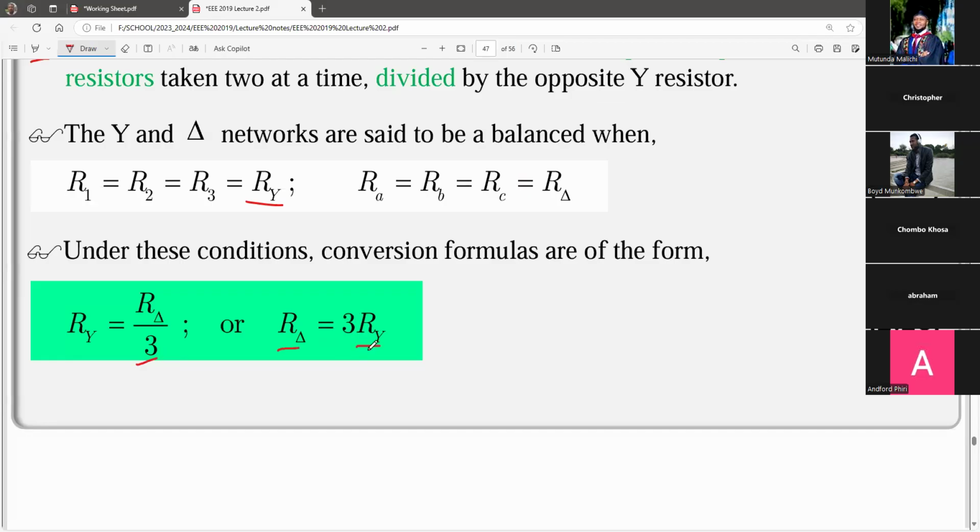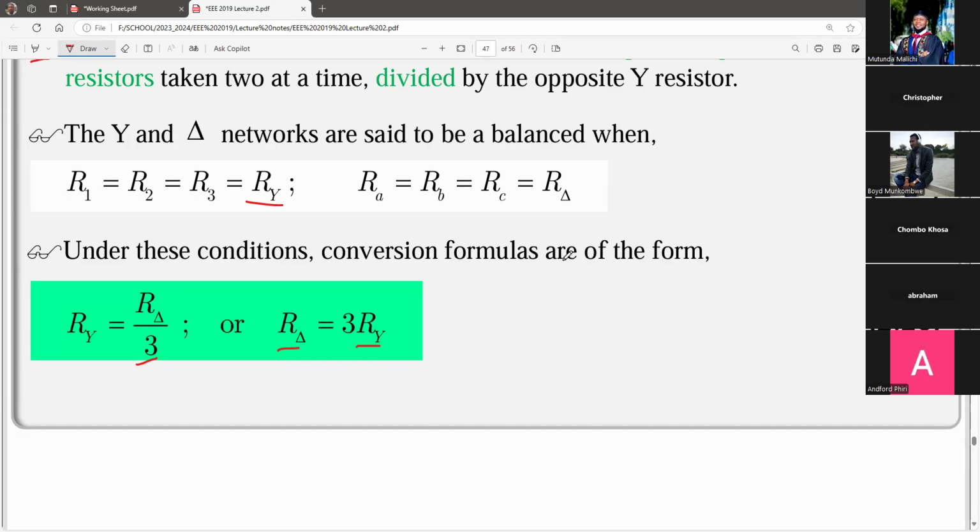In short, the Y is 1/3 of the delta, if you are to transform from delta to star, given that the resistances are the same. So you can also use 2.28, given that the network is balanced.